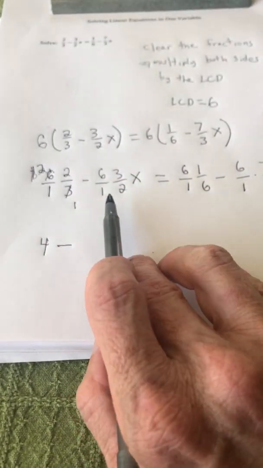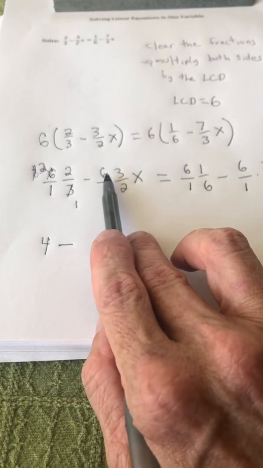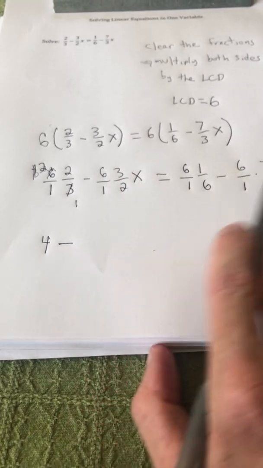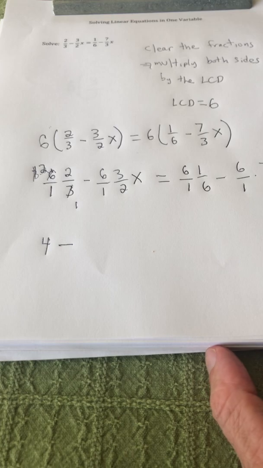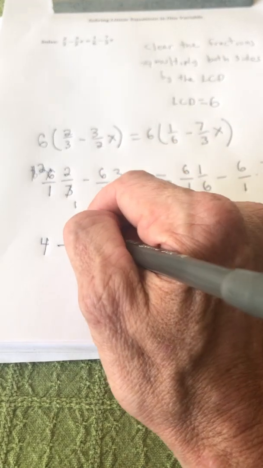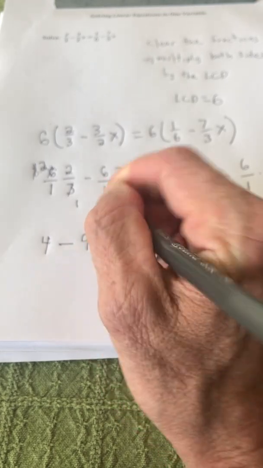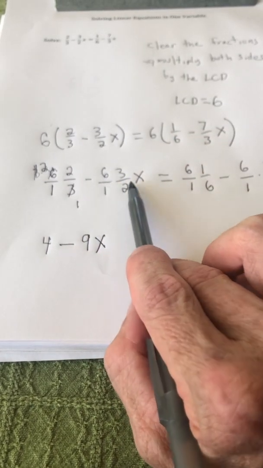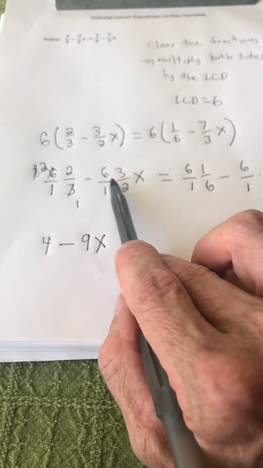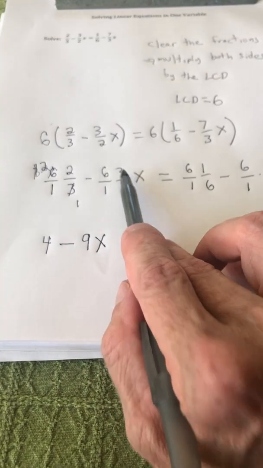Minus. And then similarly, we have cross-canceling happening again. And the next term is minus 9x because we cancel. 6/2 becomes 3. 3 times 3 is 9.